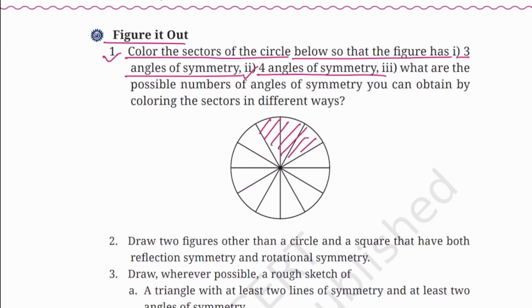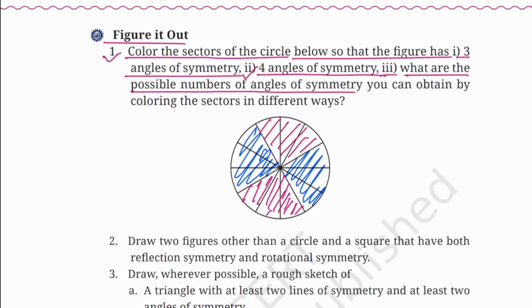You can color it like this. Three, what are the possible numbers of angles of symmetry you can obtain by coloring the sectors in different ways?